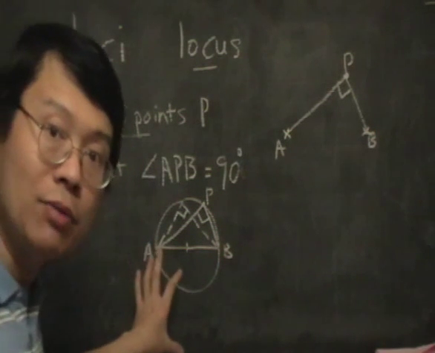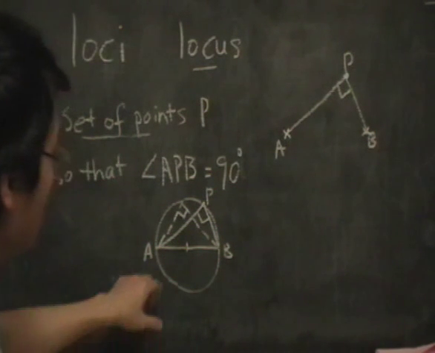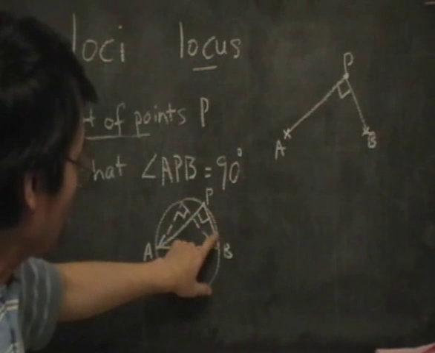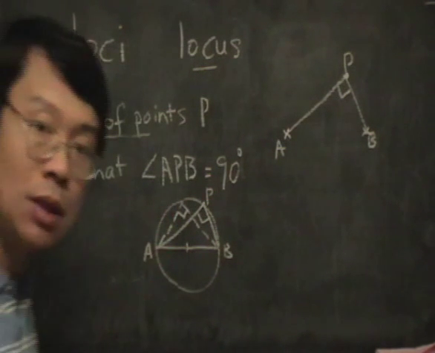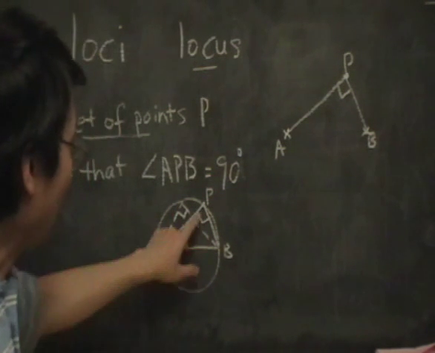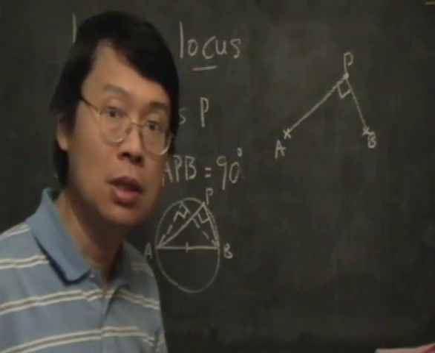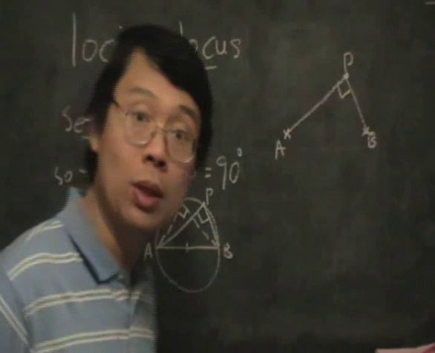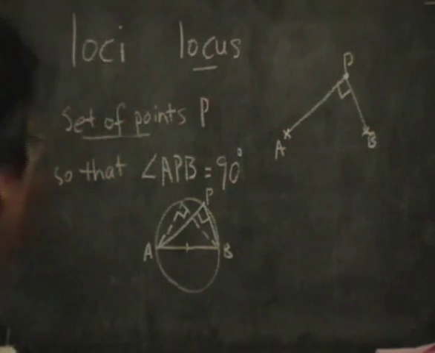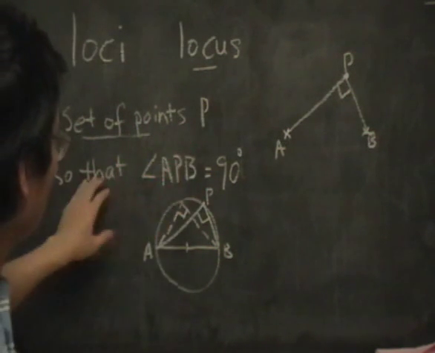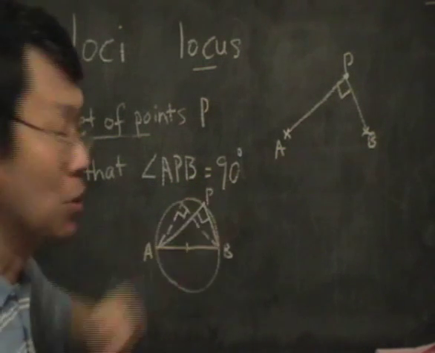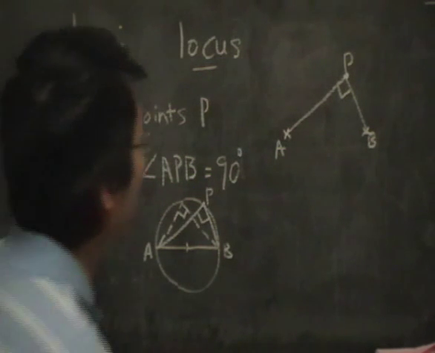So you see that from this property of the circle, if P is any point on the circumference, then the angle must be 90 degrees. So now we know what the locus looks like. The set of points P so that the angle APB is equal to 90 degrees is simply this circle.